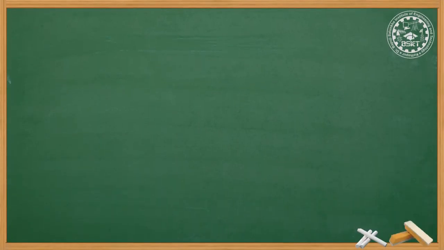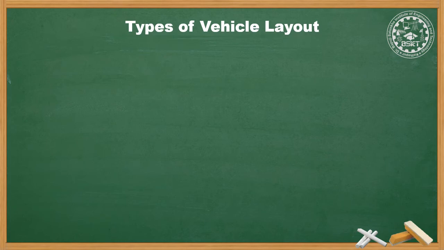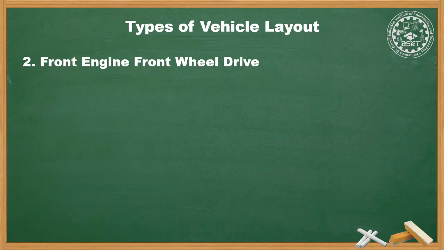The next type of vehicle layout is front engine front wheel drive, FEFWD. In this, the engine, clutch, gearbox and final drive are all built together to form a single integral assembly and are fitted at the front side.